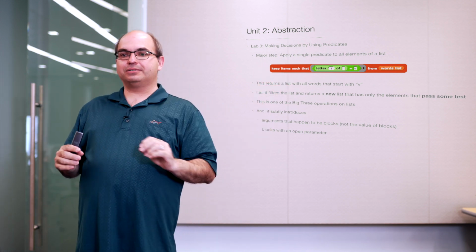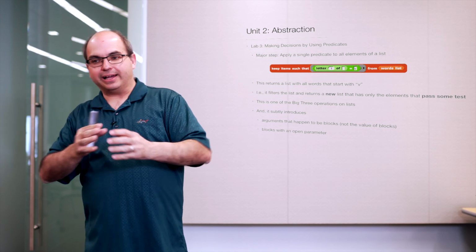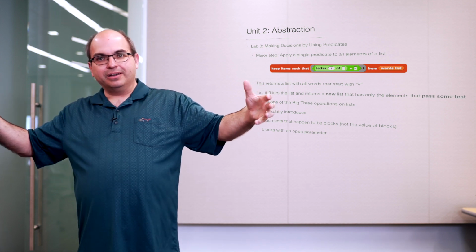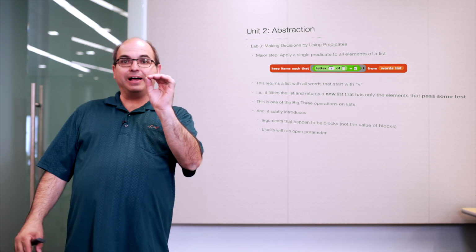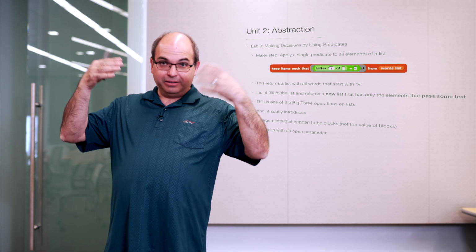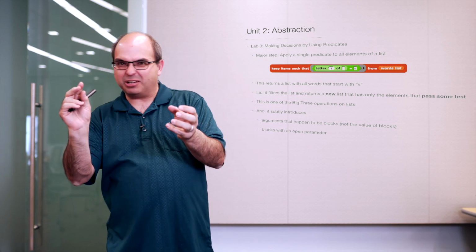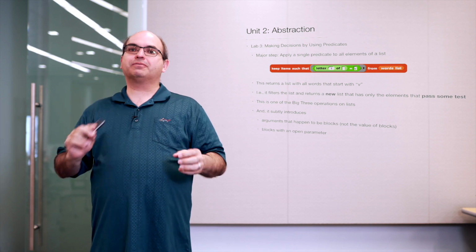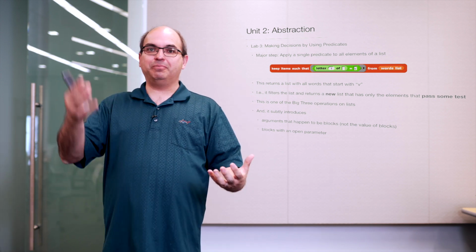So the thing that it subtly introduces, I have an argument here. Keep items such that an argument goes there, right? And what actually goes there is a block. It's not the value of a block. It's not like I put in there 2 plus 3 and the argument that goes there is 5. No, no, no. It has a blank. It's that blank again, okay? That keeps it from being able to compute right now because you don't know what the input is.